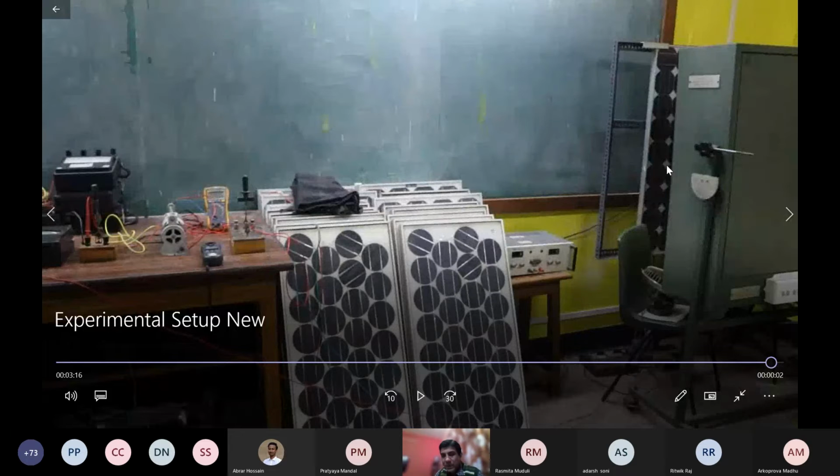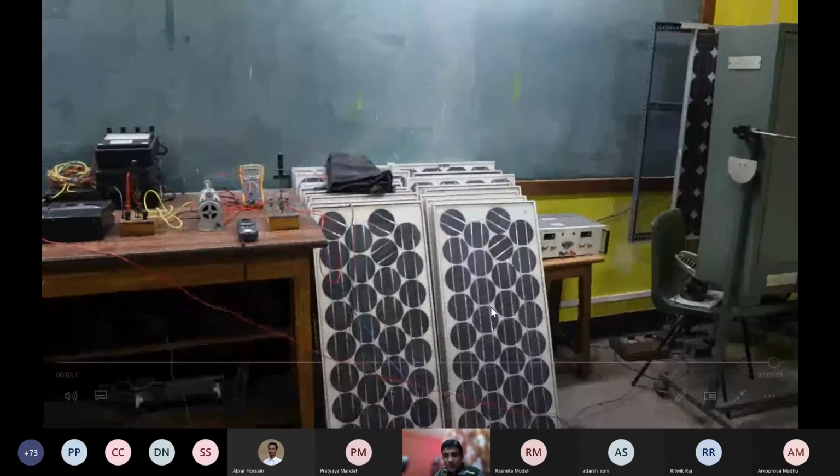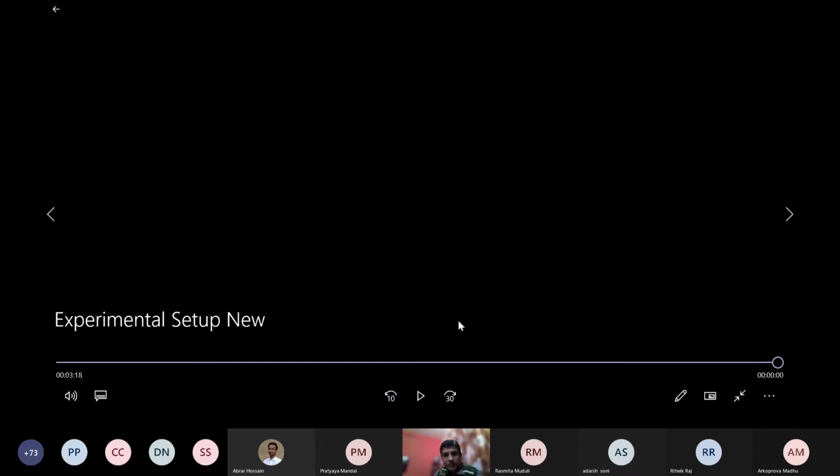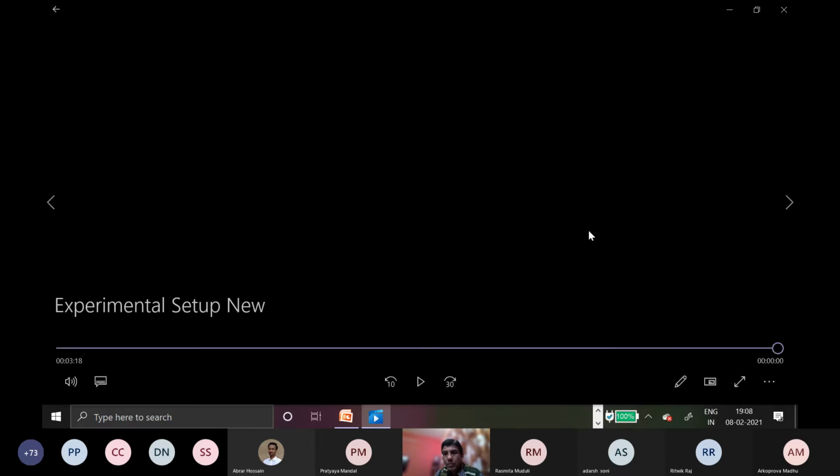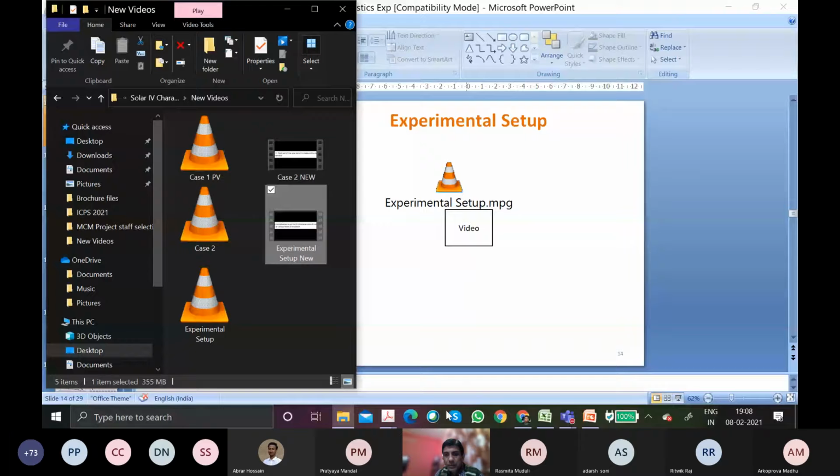Even this diamond-shaped white space is not there. So this was all about this.